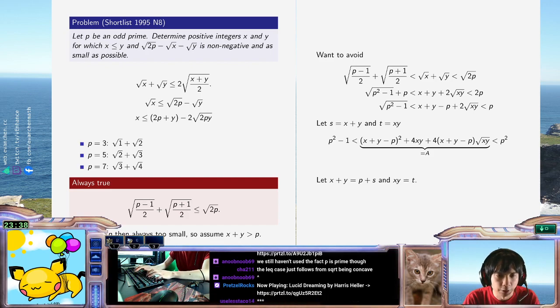So what's the discriminant? B squared minus 4ac. So x plus y squared minus 4xy is supposed to be some square, which we'll call t. P plus s squared minus t squared.